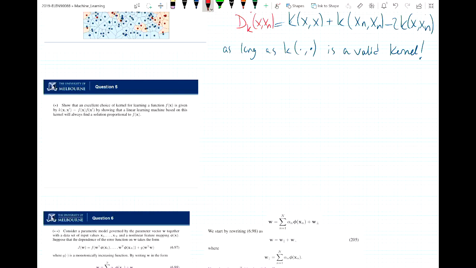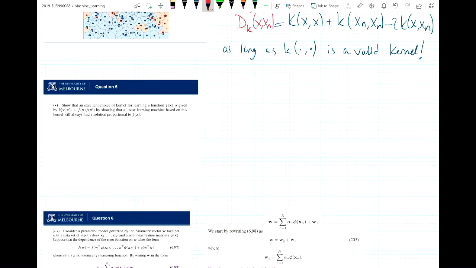This is the kernel function defined with respect to two data points, and it's defined in a very special way, which is the tricky part of the question. If you want to learn f of x, use this kernel: k equals f of x times f of x prime. Just multiply them. How do we show this is an excellent choice? That a linear learning machine based on this kernel will always find a solution proportional to f of x.